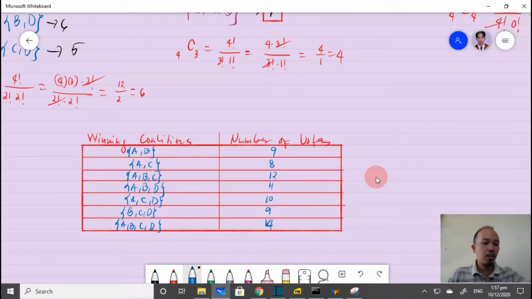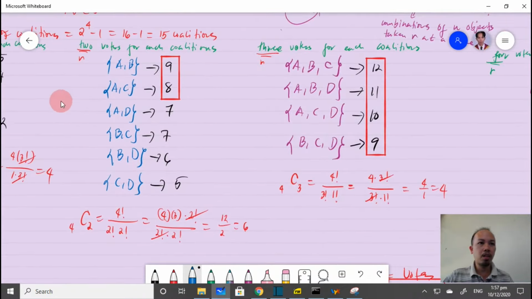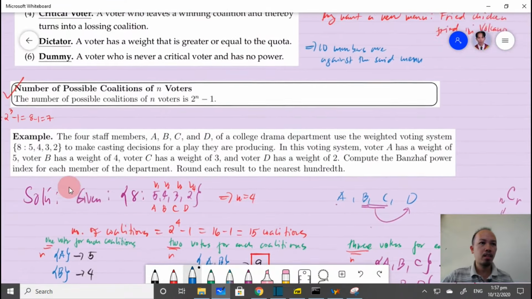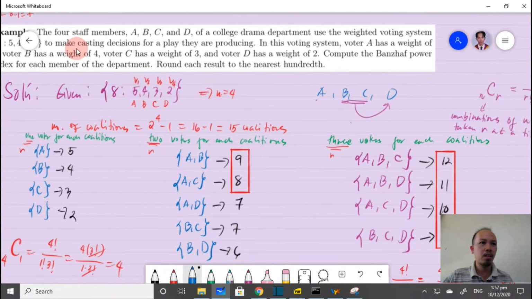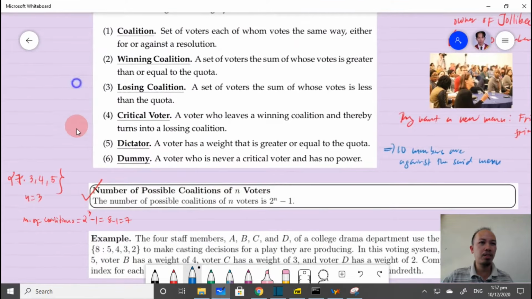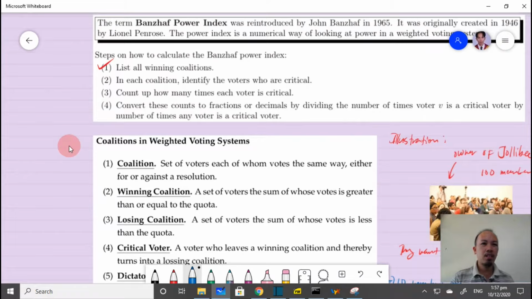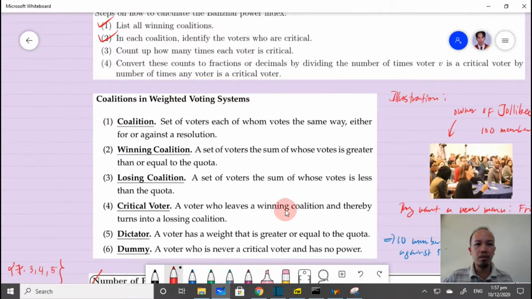So now we are ready to calculate the second step. Listing all the winning coalitions is done. The second part is to identify the critical voters. If a critical voter leaves the winning coalition, the coalition becomes a losing coalition.